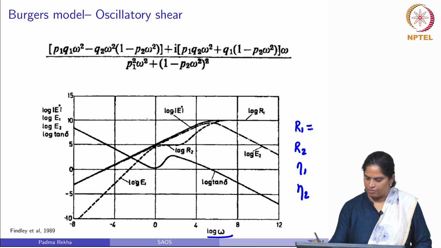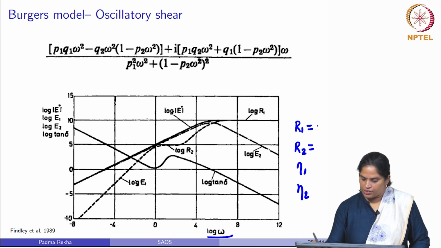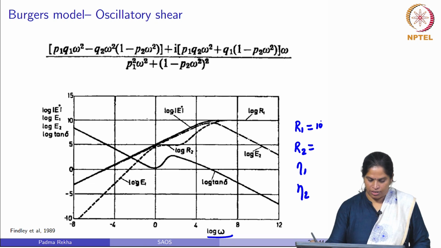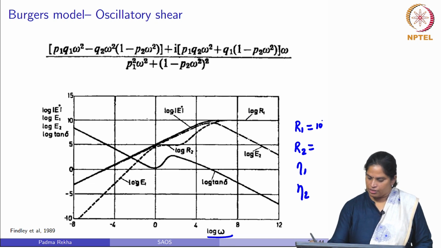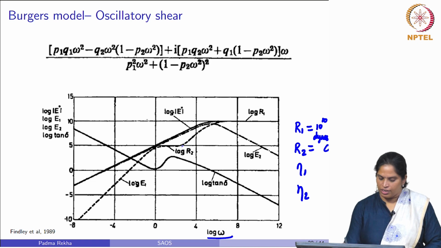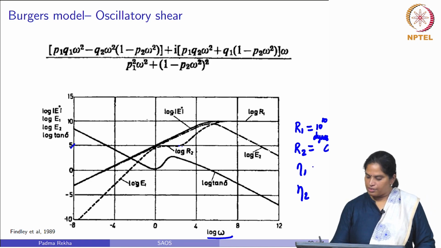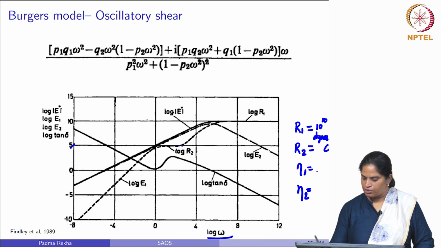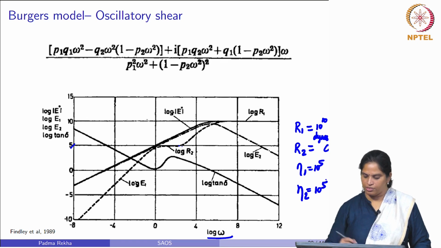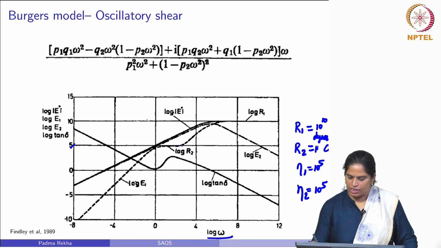R1 is 10 power 10 dynes per centimeter square, and R2 is 10 power 5 dynes per centimeter square, and both eta 1 and eta 2 are 10 power 5 poise.